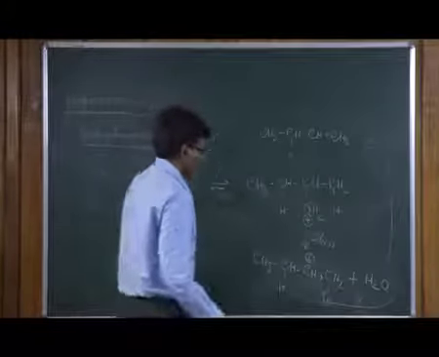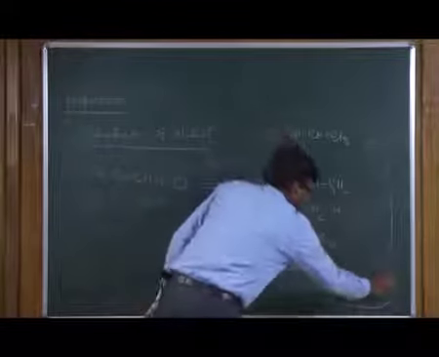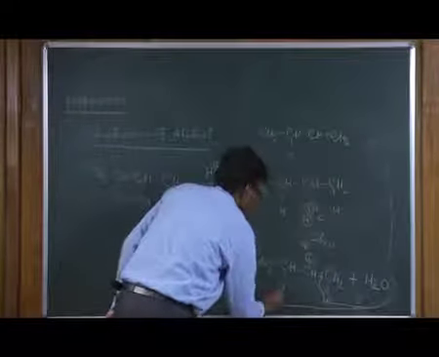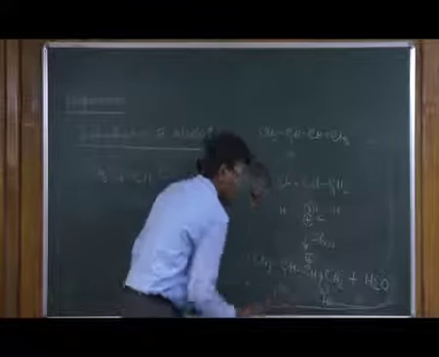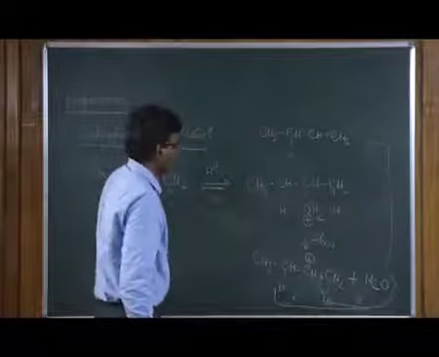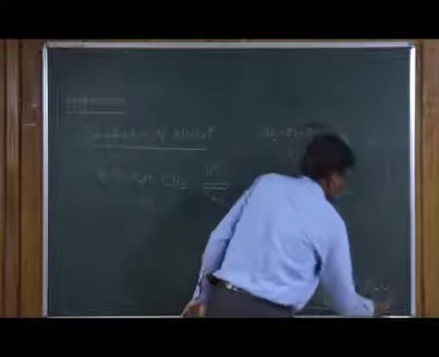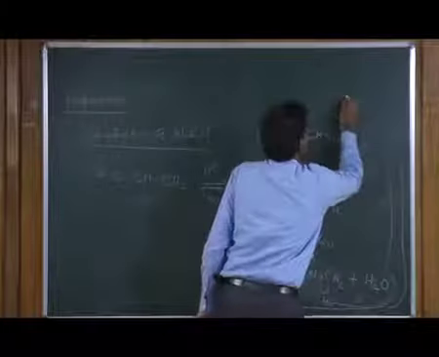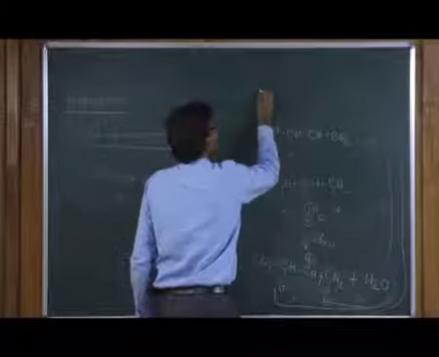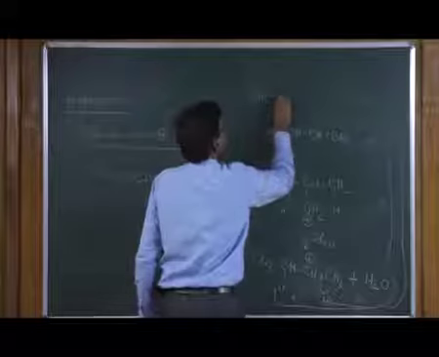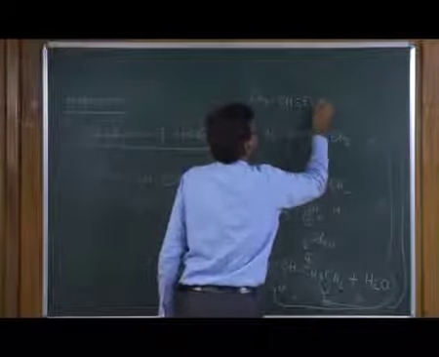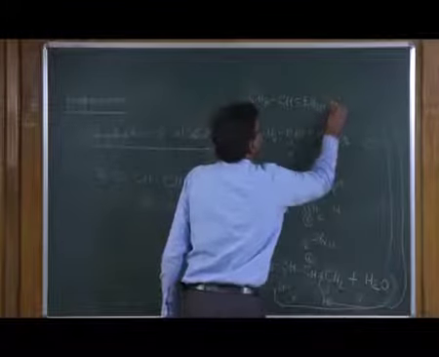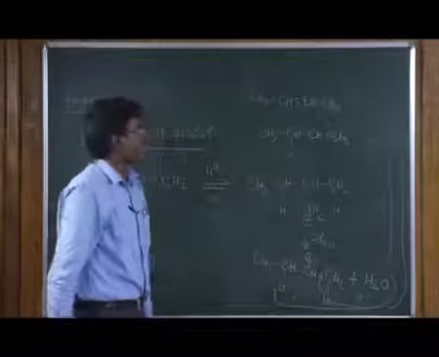On the other hand, if the water molecule removes this other proton, this is path B, then you will get this alkene.